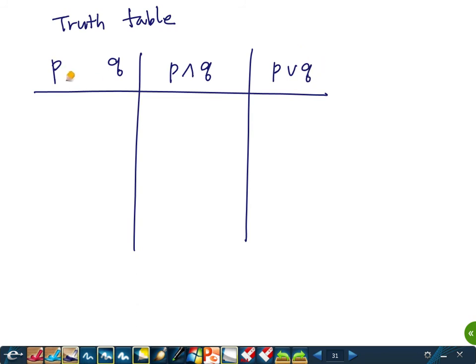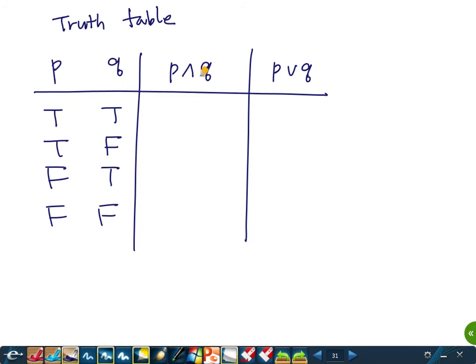Because these are propositions, they are either true or false. So let's write T if they are true, or F: TT, TF, FT, FF. There are four possibilities. So in this case, we can fill out this table.